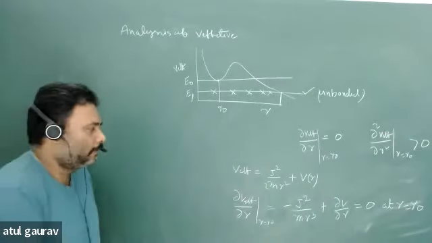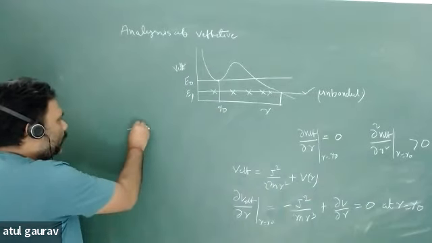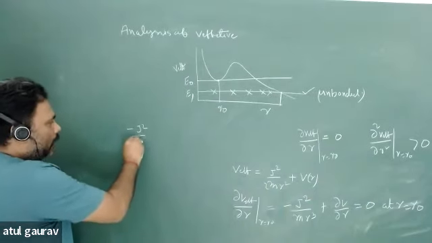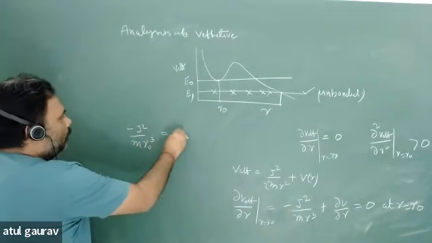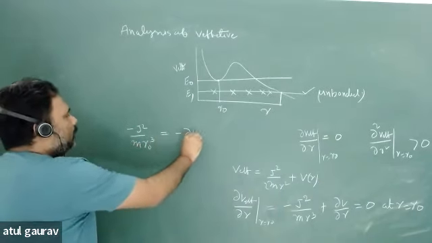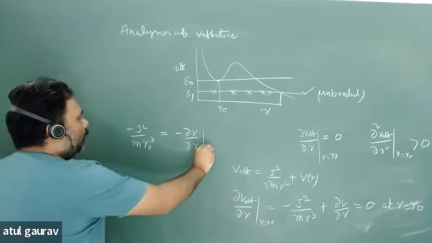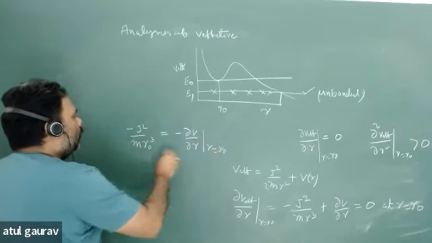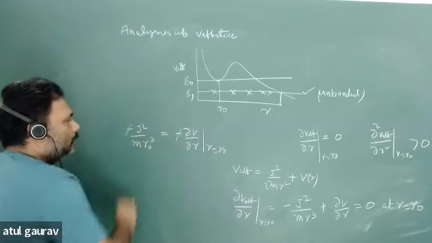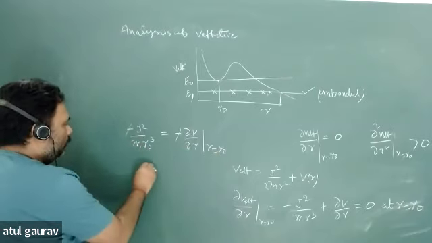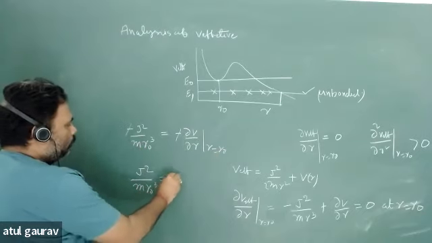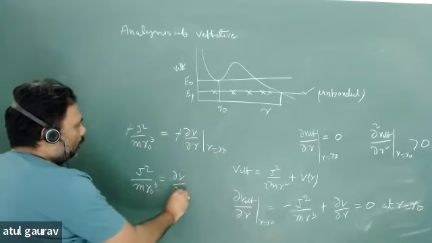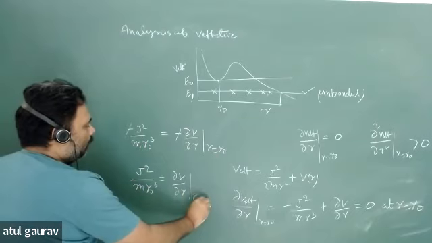So what will you get? You will get minus J square upon m R naught cube must be equal to minus del V upon del R at R equal to R naught, and this minus will cancel. You have J square upon m R naught cube equal to del V upon del R at R equal to R naught.